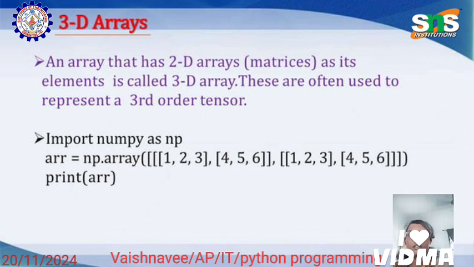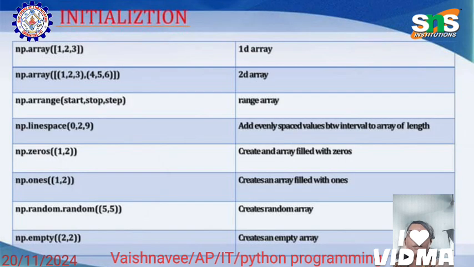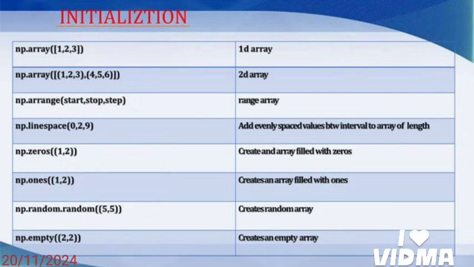How to initialize an array? np.array with values is a one-dimensional array. np.array with values separated by commas and another set of values is a two-dimensional array. To set a range for an array, we use np.arange with a start value, stop value and step value.